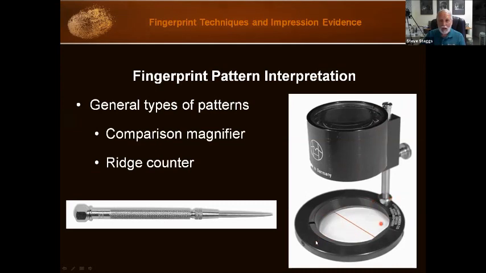You can get different styles. This is the typical one. And then you can go ahead and do your counting. Also, a lot of times we use a ridge counter, something to actually count as you are looking through there. So something with a point on the end.